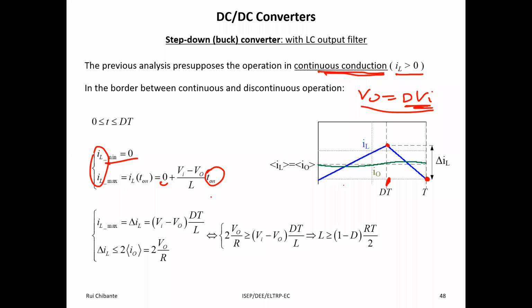And if we add here a second equation that says that the average value is exactly at the middle of this current variation, then I am sure that I am in continuous conduction if this current variation is lower than twice the average value.